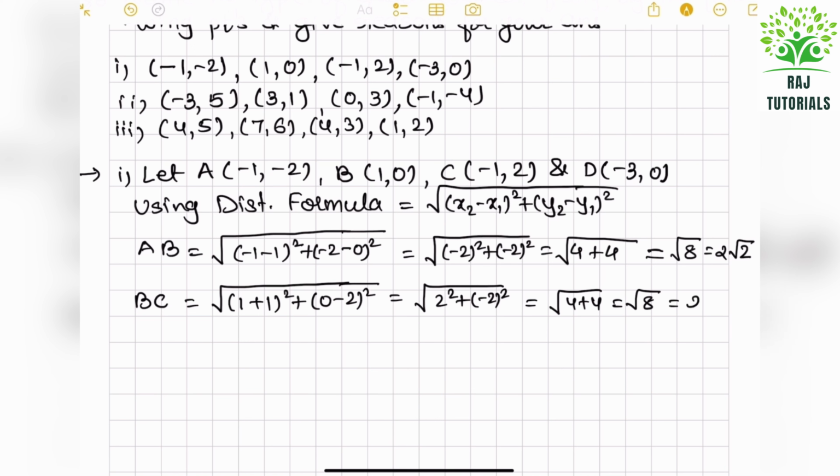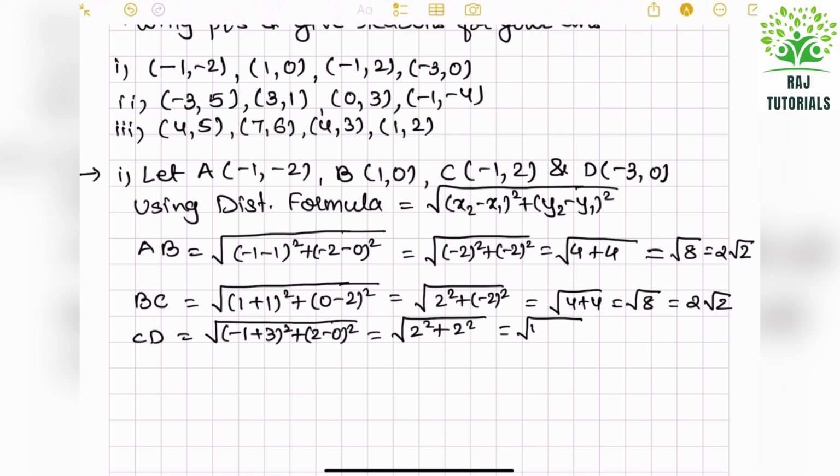So that will be 4 plus 4, so root 8, so 2 root 2. Now same way CD. CD will be (-1 minus of minus 3), so plus 3 whole square plus (2 minus 0) whole square.